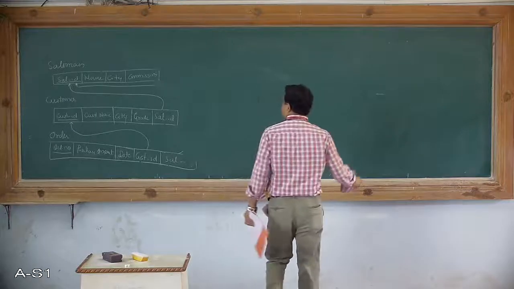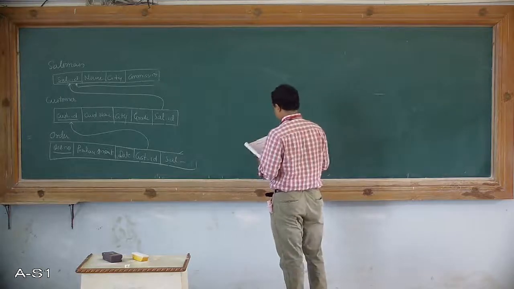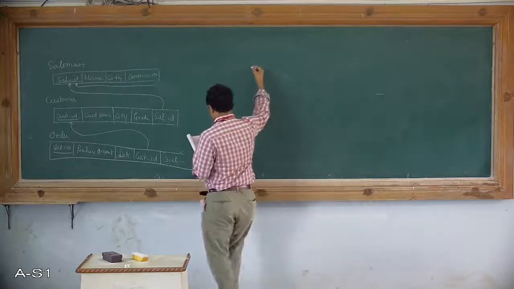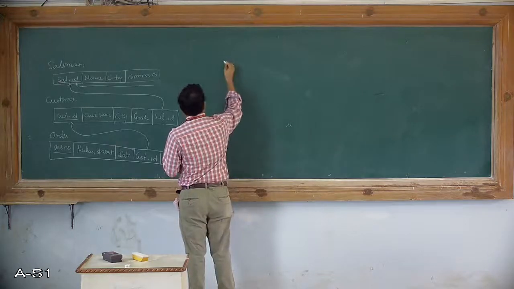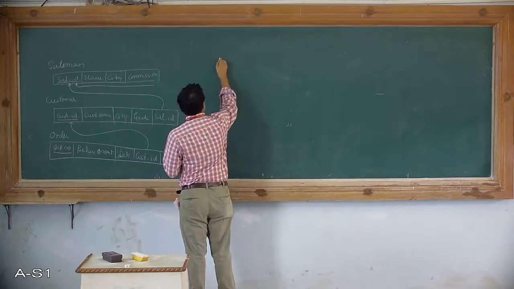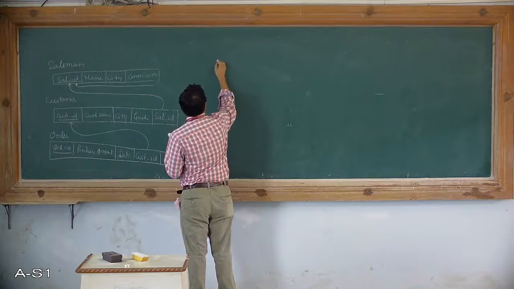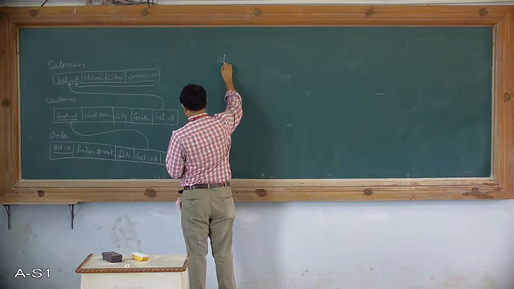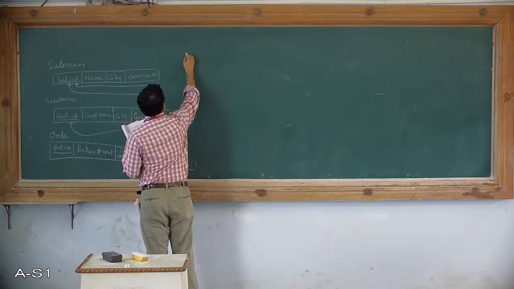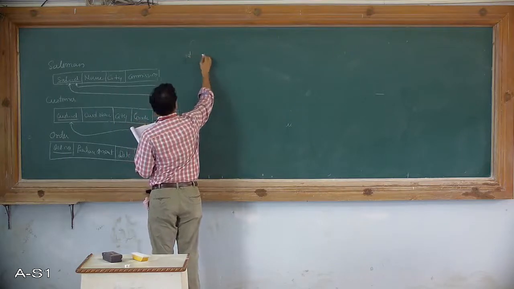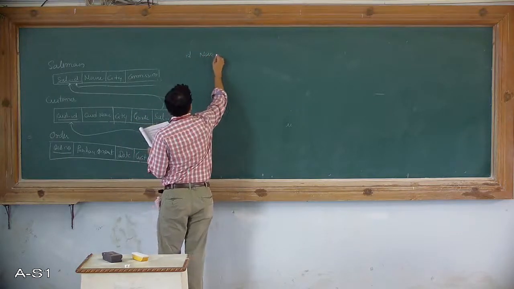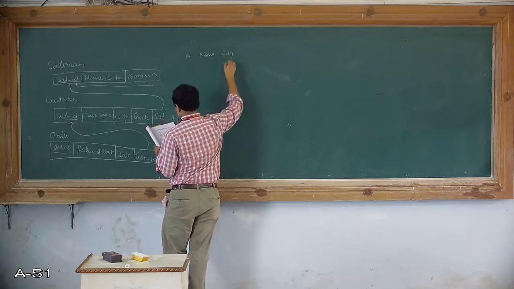Okay. So now in this case, let us look at the salesman table. There is sales ID, this is the ID, then this is the name, then this is the city.